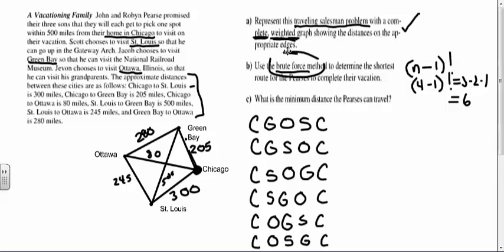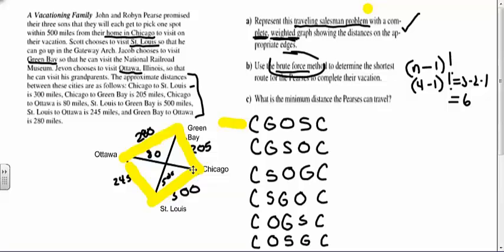Now what we have to do is determine the cost in miles of each one of these Hamilton circuits. So we're just going to follow along. Let's follow this first path. It starts in Chicago, goes to Green Bay, then goes to Ottawa, then goes to St. Louis, and then back to Chicago.